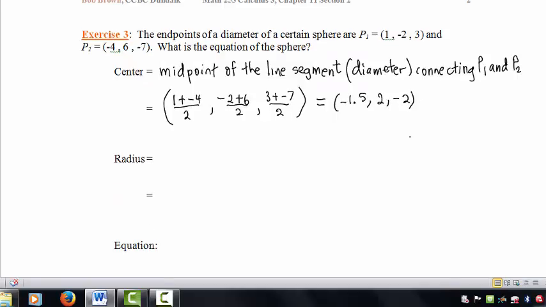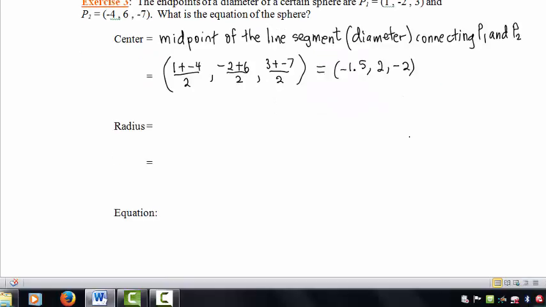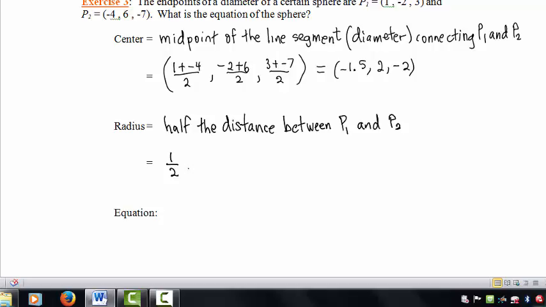Next we find the radius, and that is half of the distance from P1 to P2. So we have 1/2 the square root of the following.